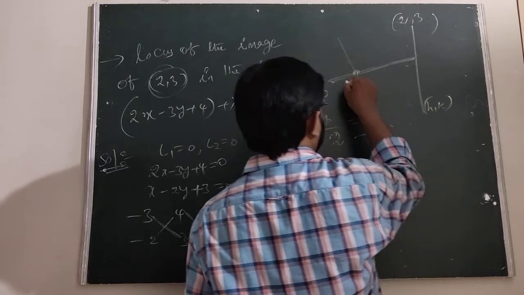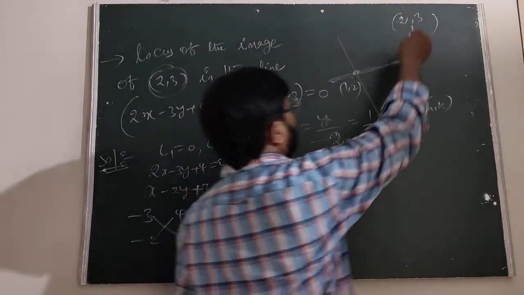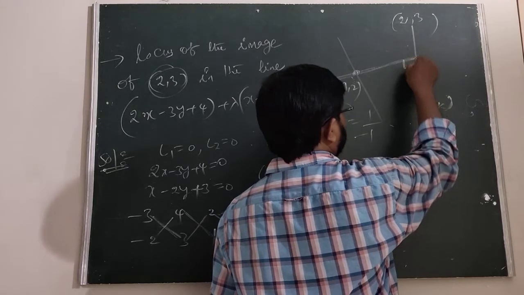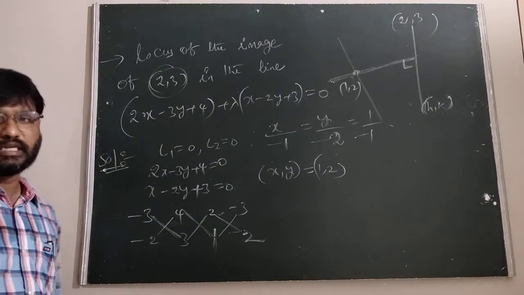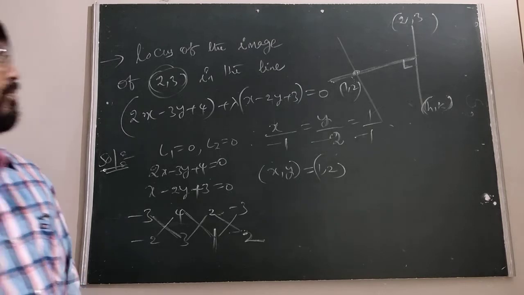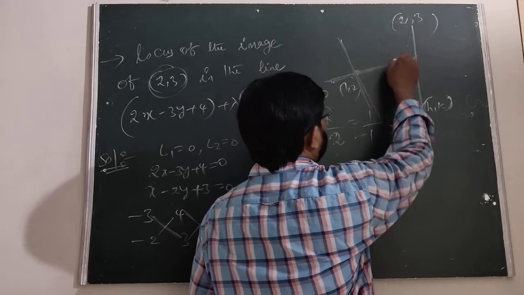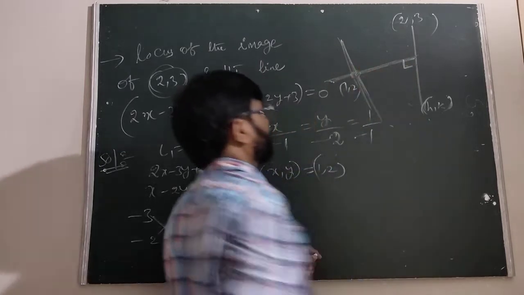When we are taking (1, 2), the image of (2, 3) is (h, k). Is it clear or not? So the image of (2, 3) is (h, k) with respect to the family of lines. These are all lines intersecting at (1, 2).